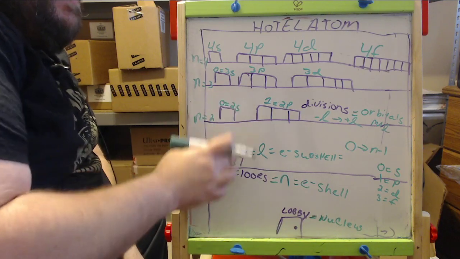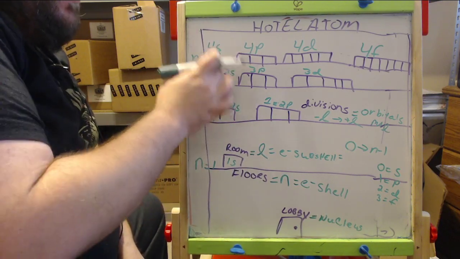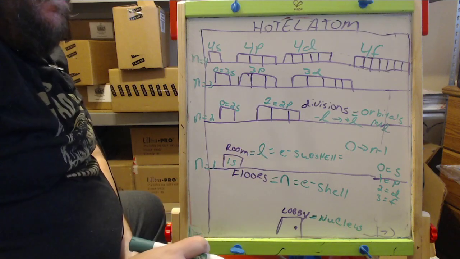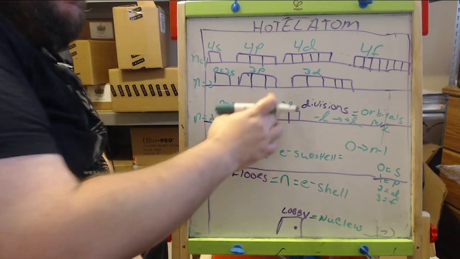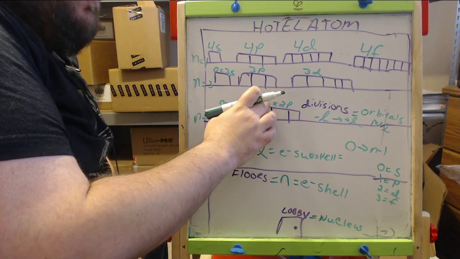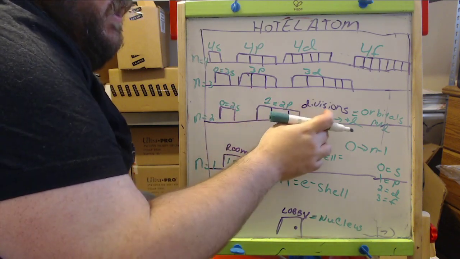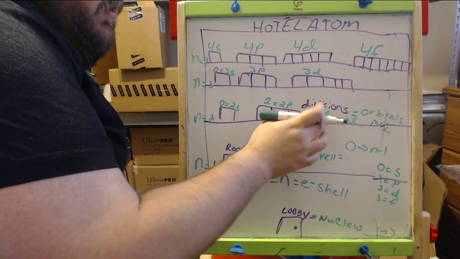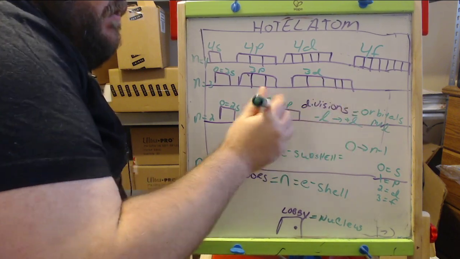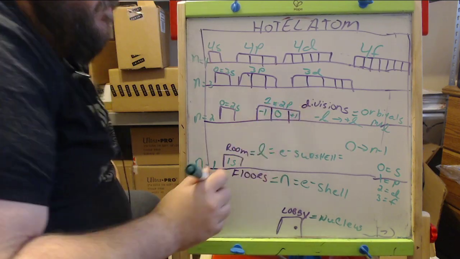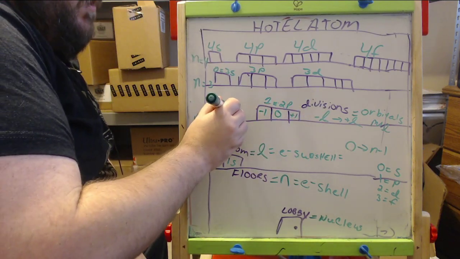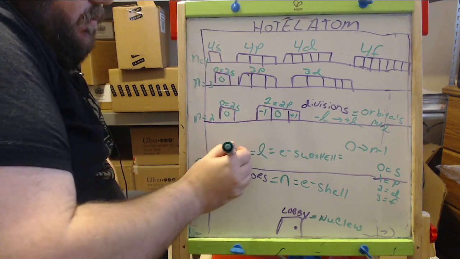So in S, we have only one division. In P, P's value is 1. So negative 1, 0, positive 1. These are all 0, 0, 0.